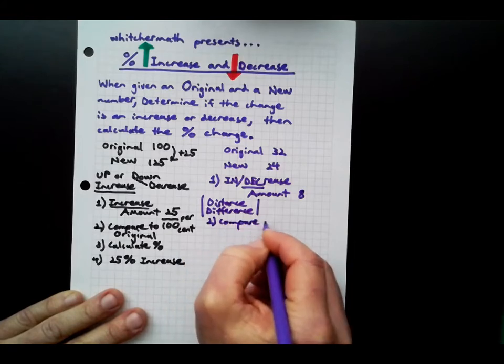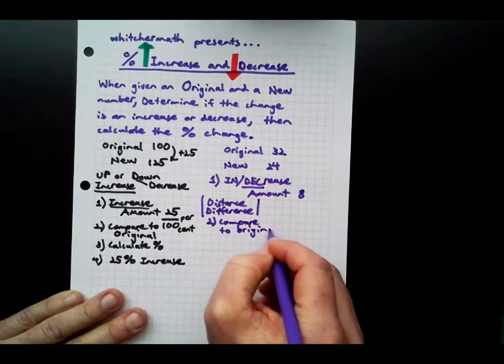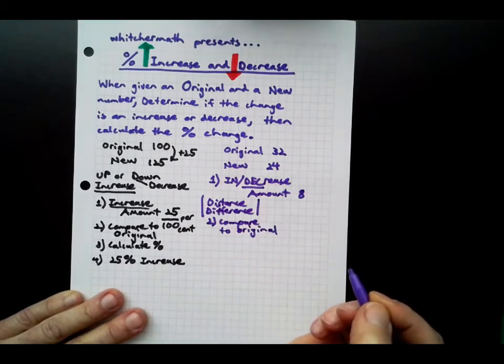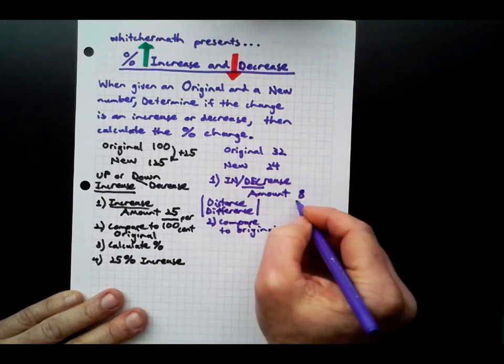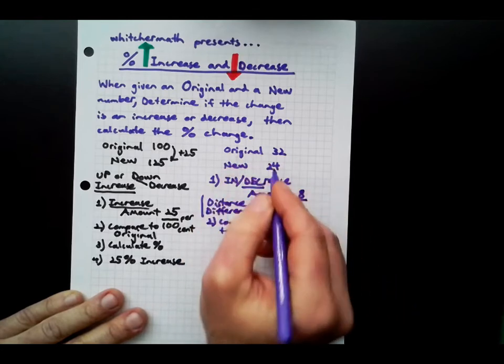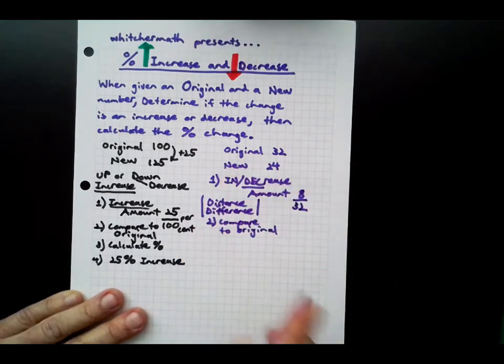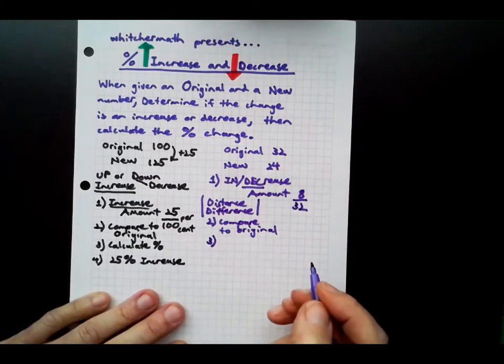What is the original here? Is it 24? No, that's the new one. The original is 32. Always pay attention to the words here, just so you don't get tripped up in case the order of the numbers changes.